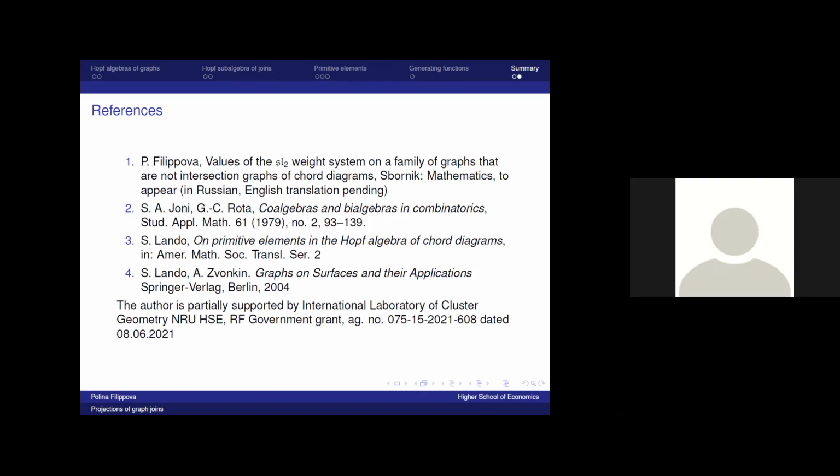Polina has not mentioned, but she has applications of this formula, in fact, because the formula allows one to compute explicitly certain graph invariants, which are rather complicated to compute directly, but they can be computed by means of this formula for a certain series of graphs, and we can investigate these values very efficiently.